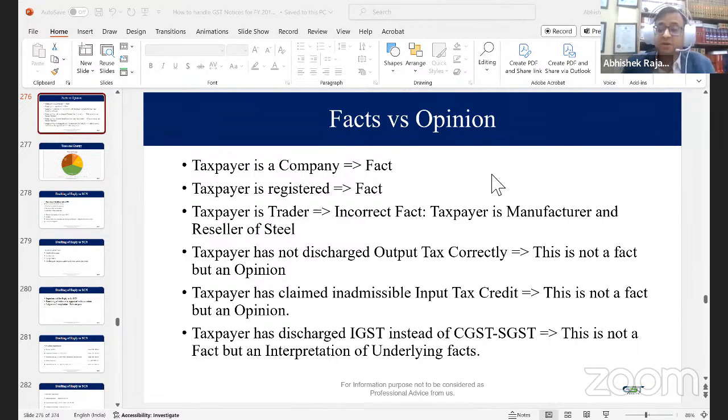The party was a work contractor, and in the notice they had written that the party is a wholesale trader. They have mentioned the goods also. So this was a fact, an incorrect fact.